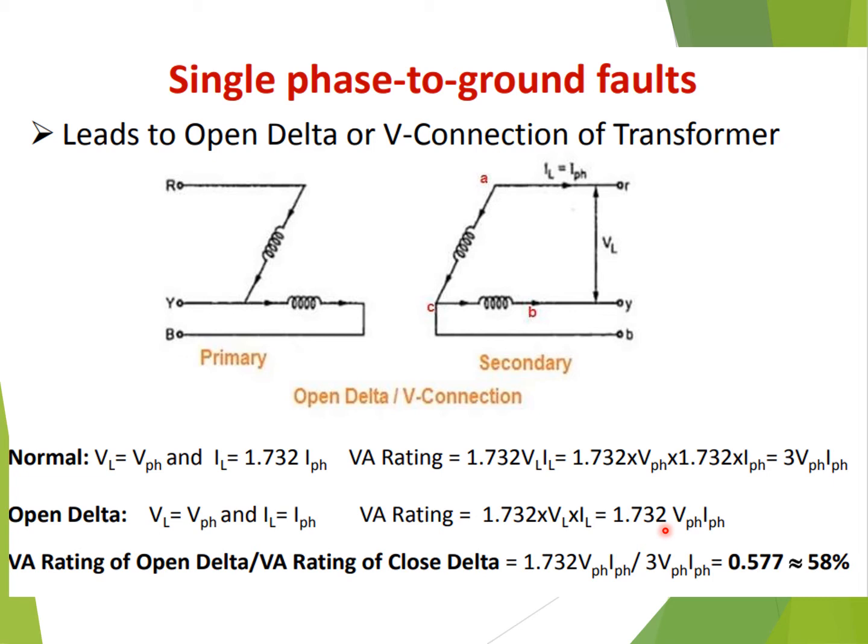So the VA rating of open delta over the VA rating of closed delta is 1.732 V phase I phase by 3 V phase I phase, which is approximately equal to 58%. So with an open delta or delta connection, we need to ensure that the output voltage will not fall below 58%.